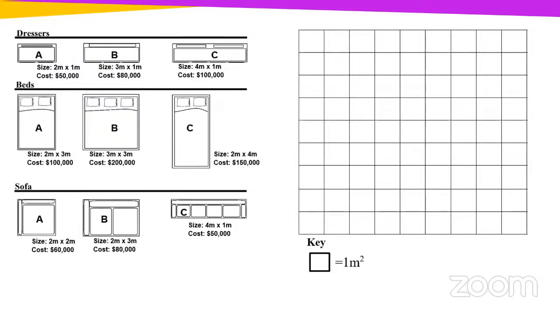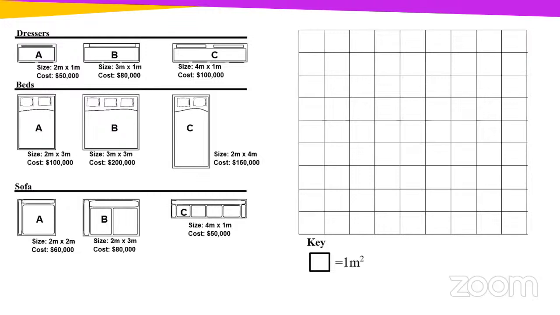What does the square represent? And what do you understand from that? The speaker before said that it represents 1 squared meter, but what is your understanding of that?